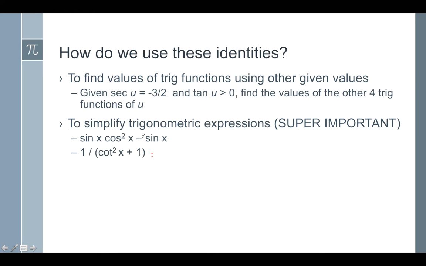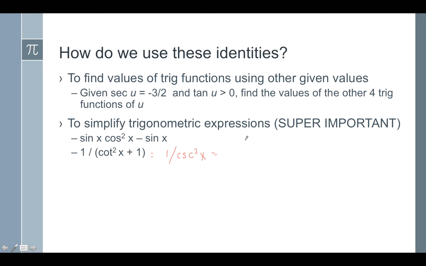In this particular case, if you looked at your paper, you should have a 1 on your paper that says cotangent squared plus 1 is something, which means I know that cotangent is cosine over sine, so the other side is the reciprocal of sine, which is cosecant squared.